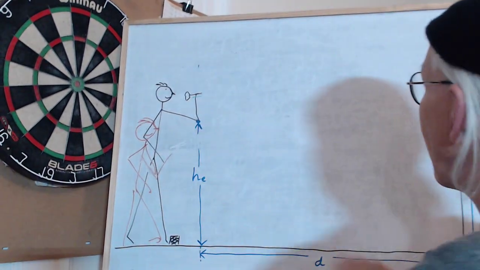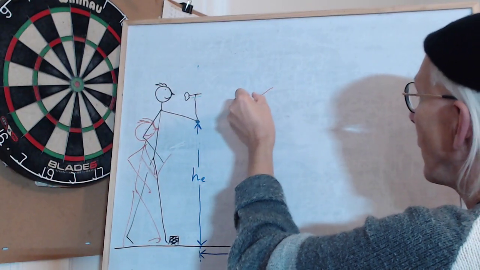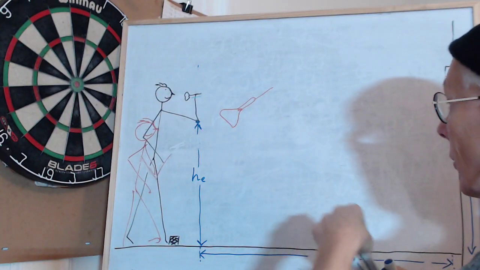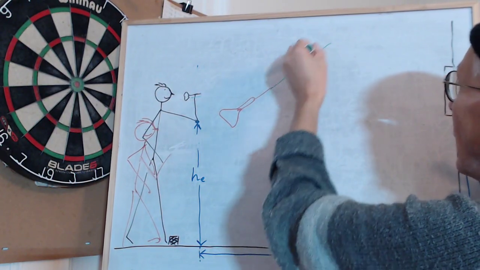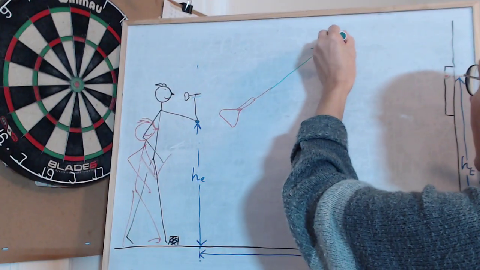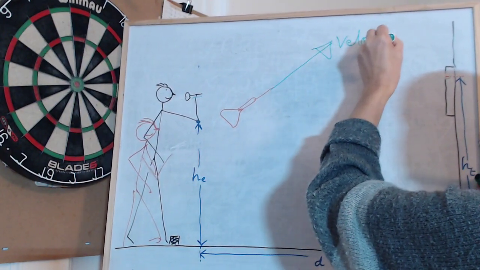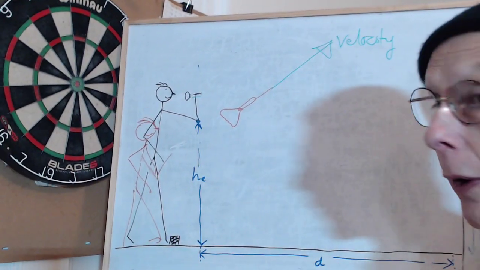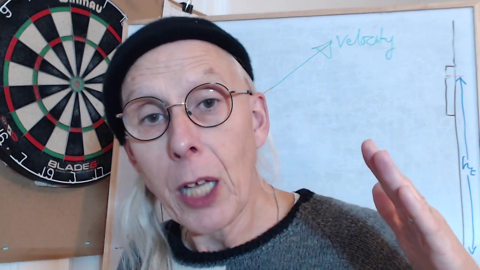Let's do a magnified view of this dart again. And it's got some velocity. Now, I want to represent this velocity by a line.